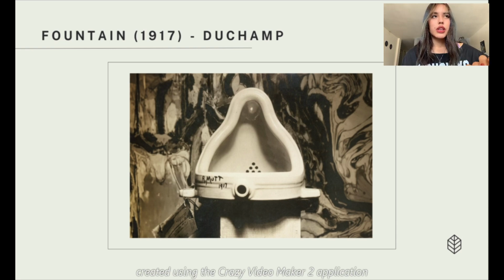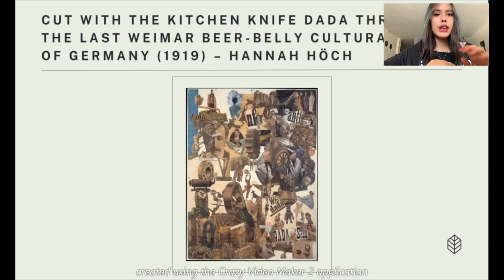And also the original one was destroyed, but there are a lot of models created under the supervision of Duchamp. The second one is Cut with the Kitchen Knife through the Last Weimar Beer-Belly Cultural Epoch of Germany by Hannah Höch.